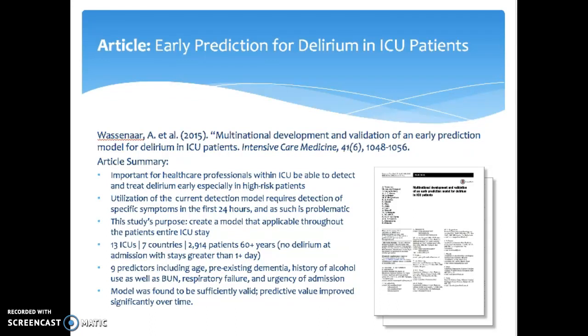The reason the article was written is that there is one specific model in practice right now that can be used to diagnose or detect delirium in suspected patients. It's a very valid and reliable model. The problem is that it requires detection of these specific signs within the first 24 hours of the patient being admitted into the ICU.